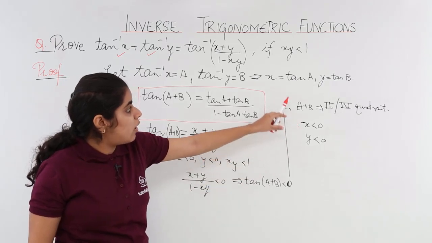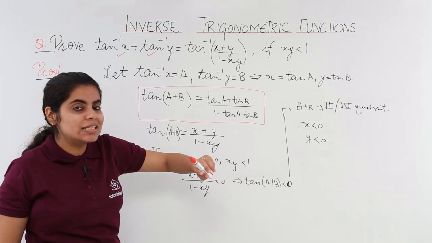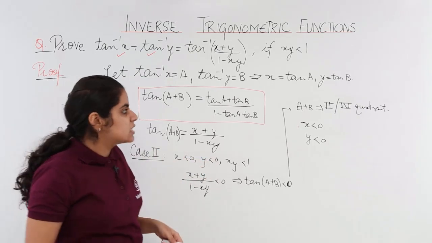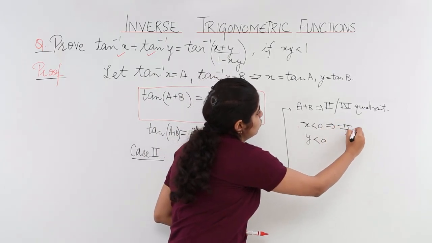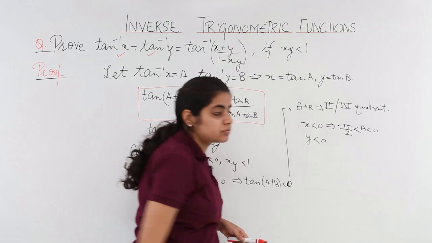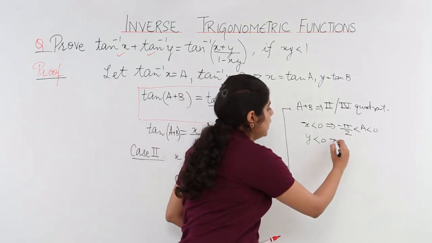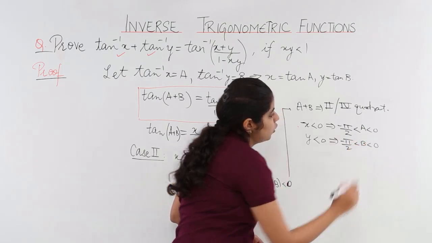So, x is tan A, and y is tan B. So, they are related to A and B. So, I can write x less than 0 means minus pi by 2 to 0, fourth quadrant I am taking. Y less than 0 again related to B for minus pi by 2 to 0.